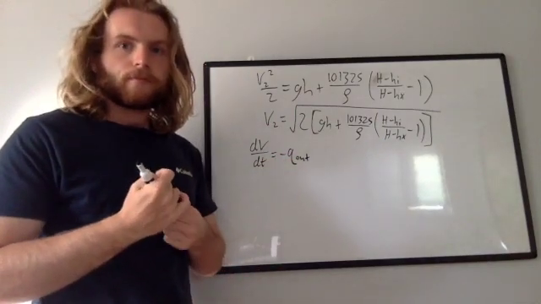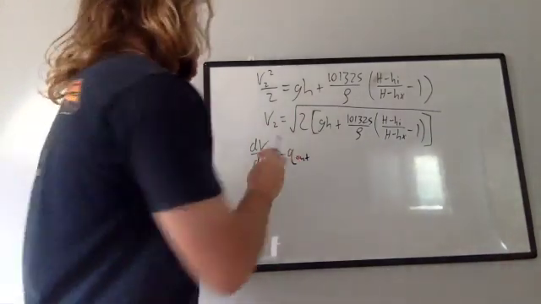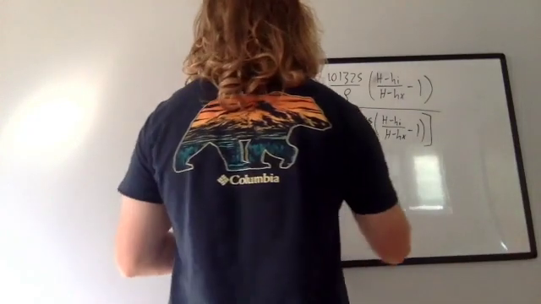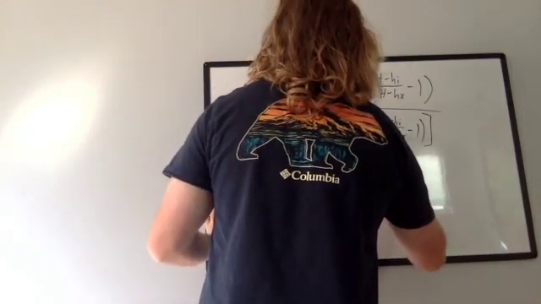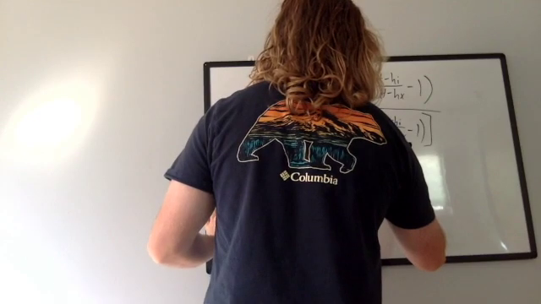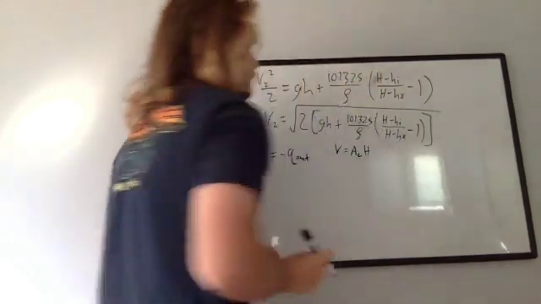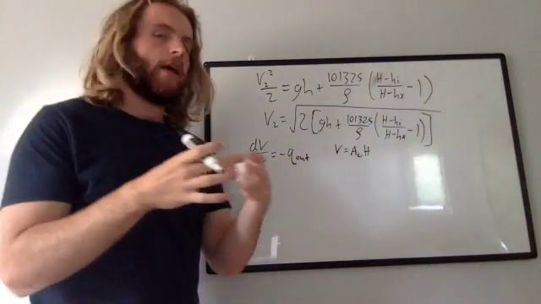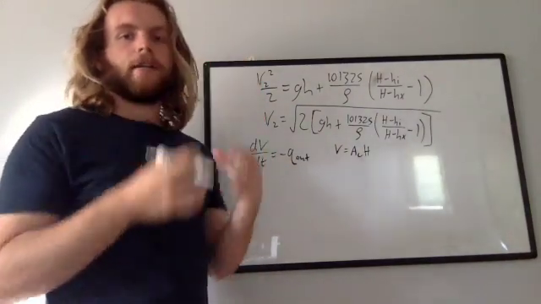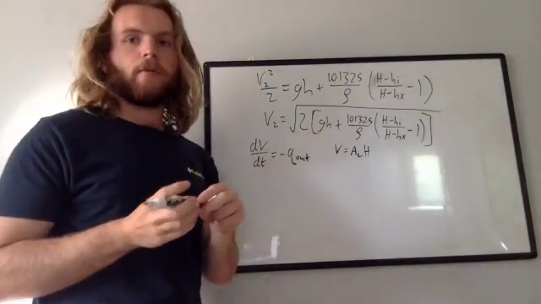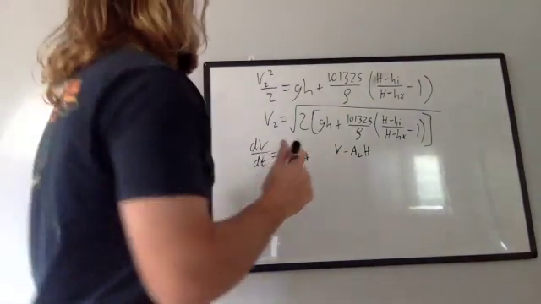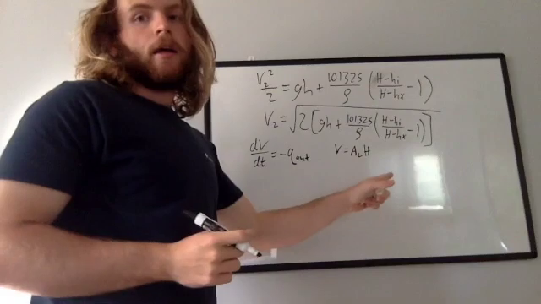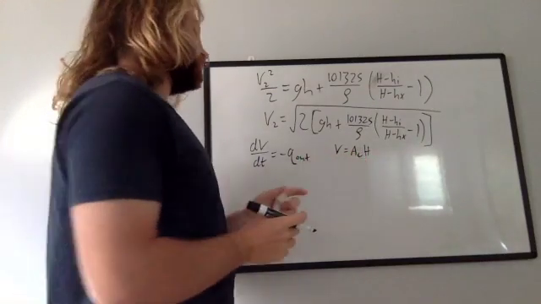And then we can say that the volume right here is going to be equal to the cross-sectional area of our cylinder multiplied by the height, right? Whatever that circle is multiplied by the height, that makes sense. That is going to be our volume right there. So we can say that the differential change in volume is just going to be our Ac dh.